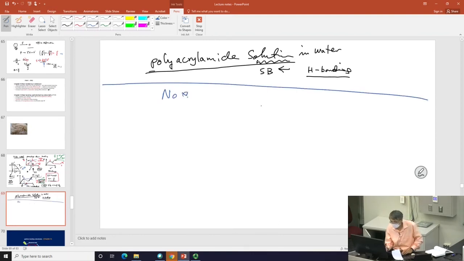No experimental evidence for shear banding. Until what time? Until we started to publish our first result in 2006.